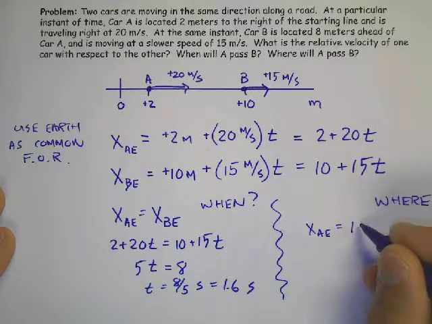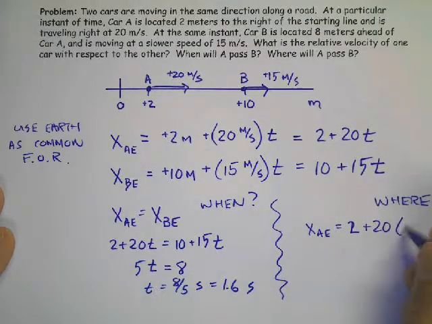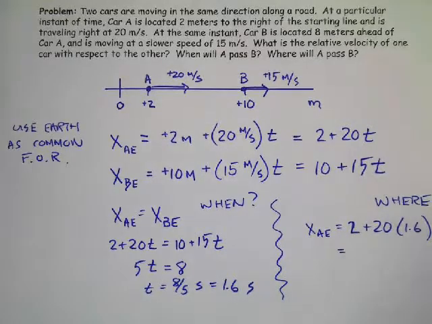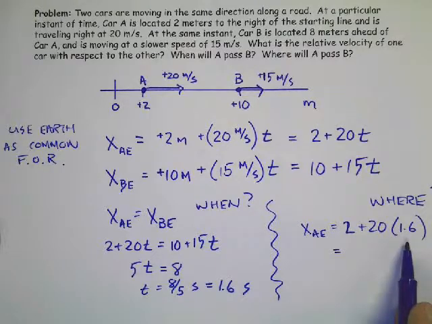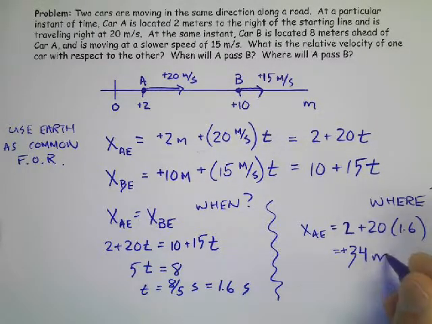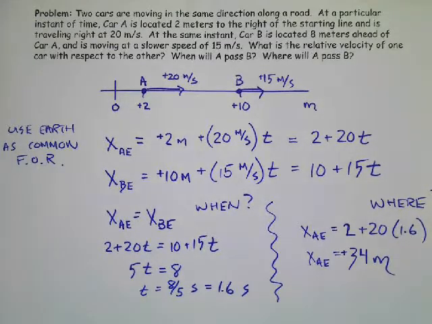That's equal to 2 plus 20 times 1.6. On your calculator, 20 times 1.6 is equal to 32. 32 plus 2 is 34 meters.